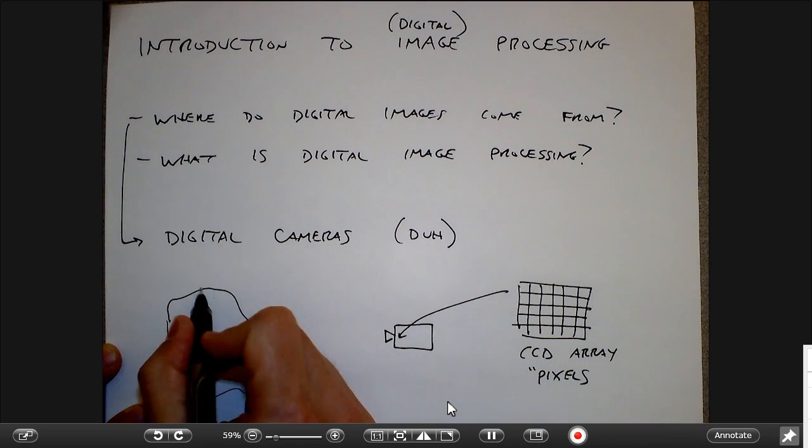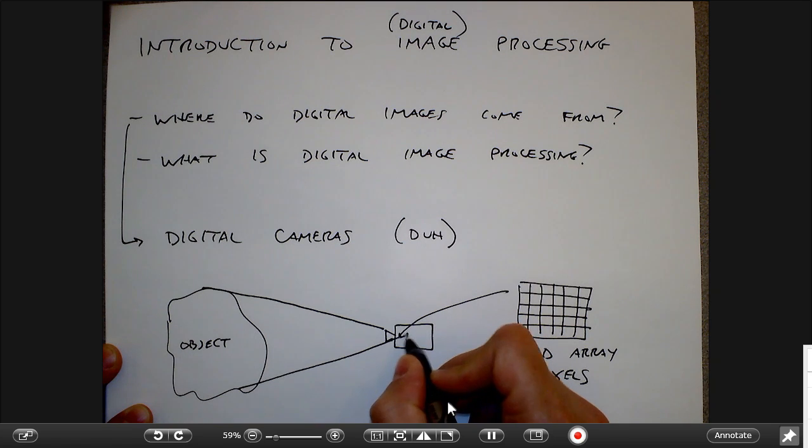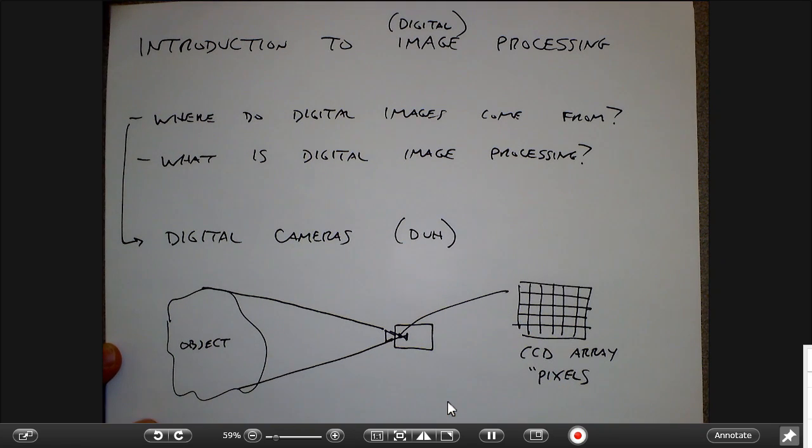And somehow the object comes into the camera and it's imaged onto this tiny CCD array of pixels inside the camera. And we're going to talk in a lot of detail about exactly how that process works later in the class. So that's going to be a topic for next week.